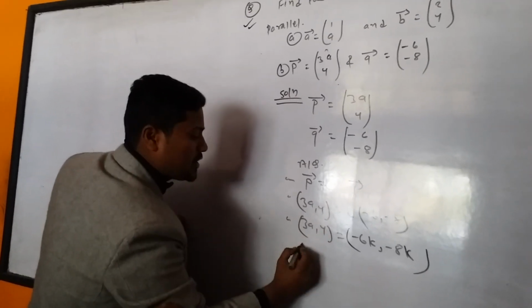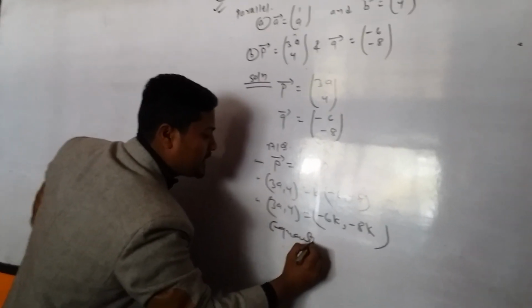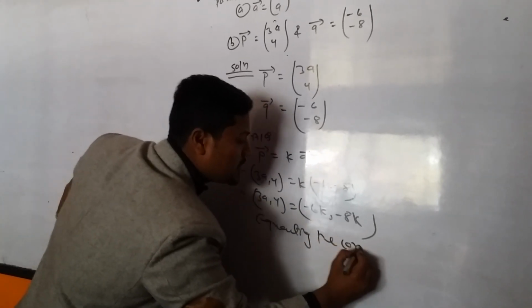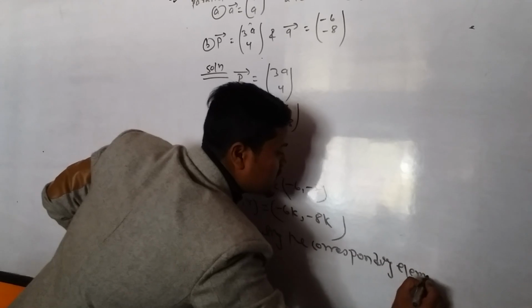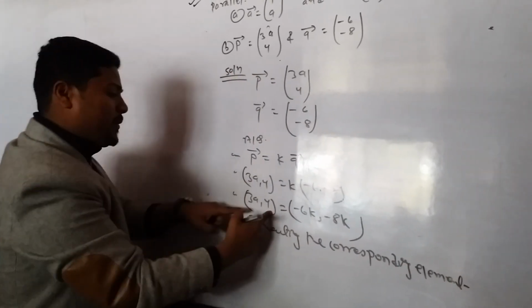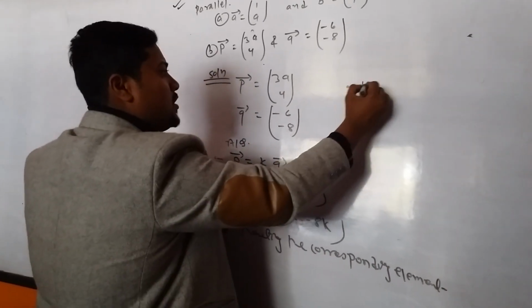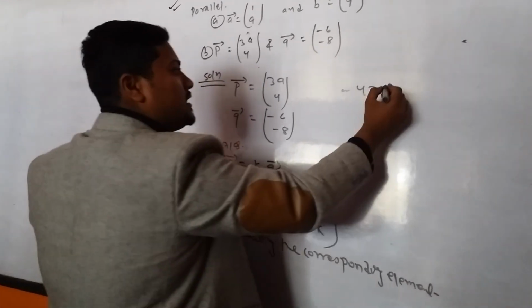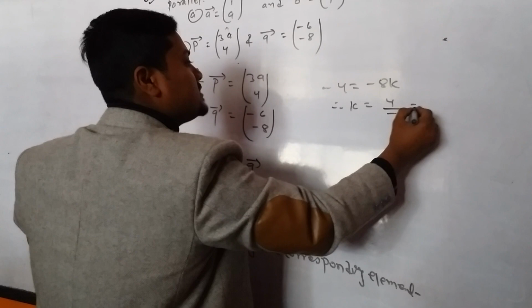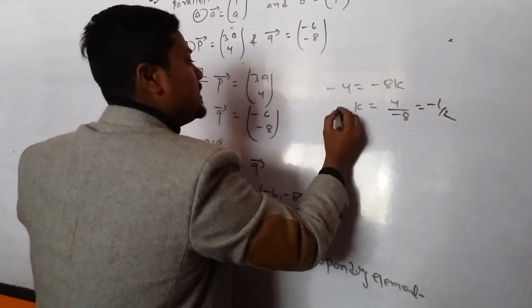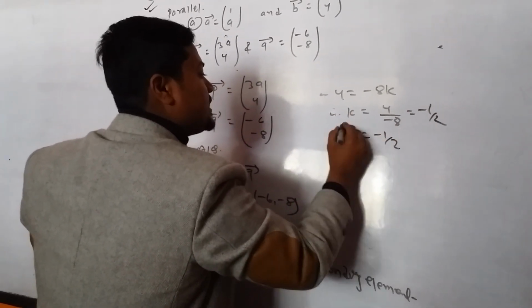Okay, so now equating the corresponding elements. What can we write? 4 is equal to -8K. Therefore K is equal to what comes? 4 divided by -8 means -1 by 2. In this way we get the value of K as -1 by 2.